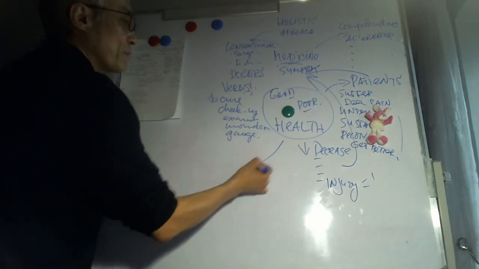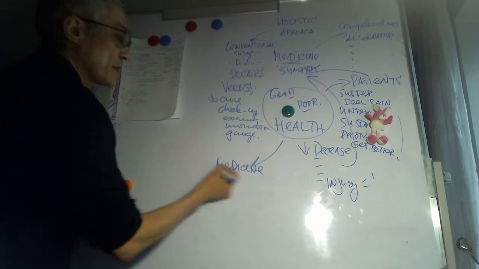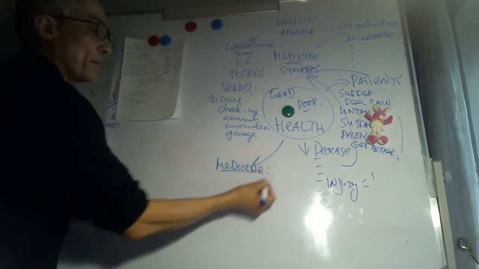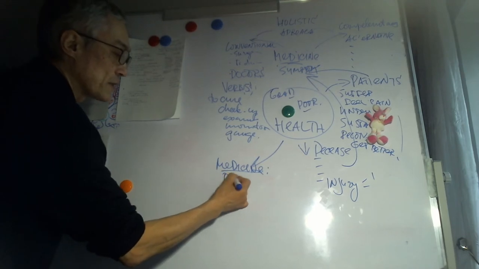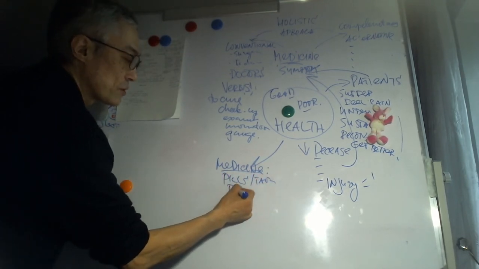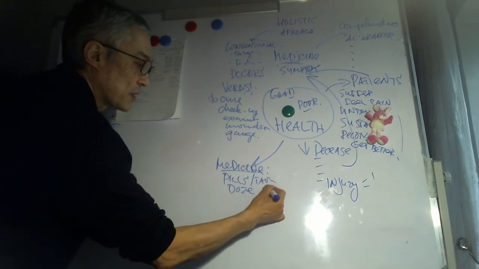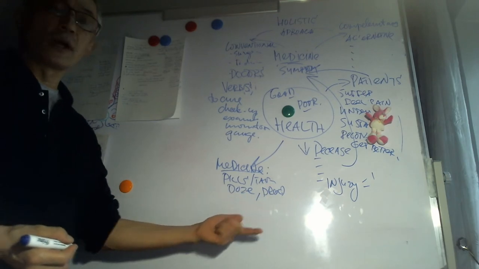Then you talk about medicine in the meaning of a drug, of a cure. It's the means which doctors use. Here you have pills, tablets, a dose of some drug, drugs. You have vaccination. What else?